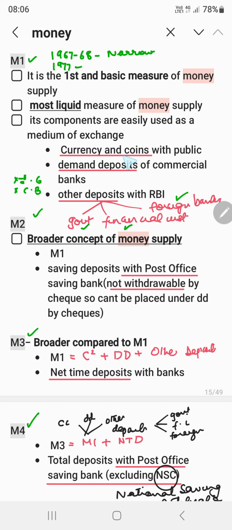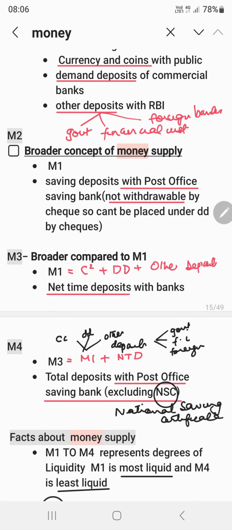Once we know the components of M1, currency and coins with public and demand deposits of commercial banks, easily we are able to ascertain that M1 is the most liquid of money supply, because its components are easily used as a medium of exchange. The components itself tells us that M1 is the most liquid form of money supply.